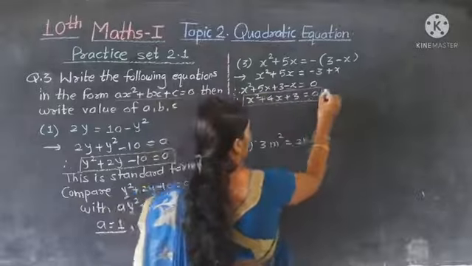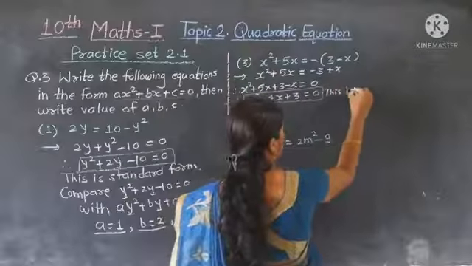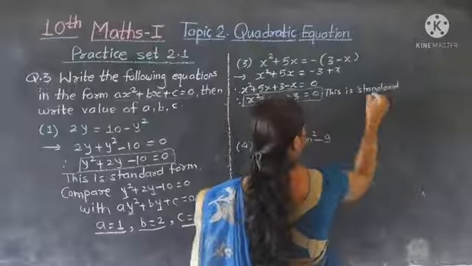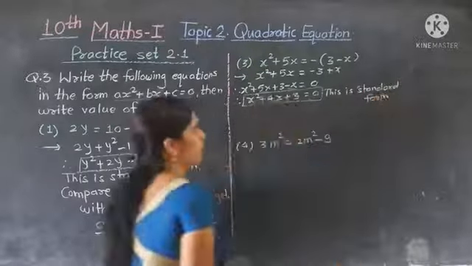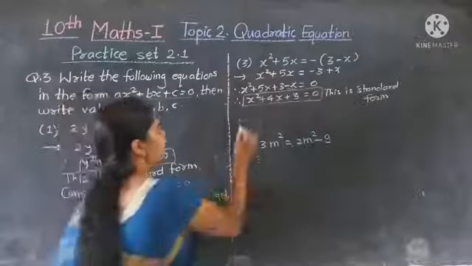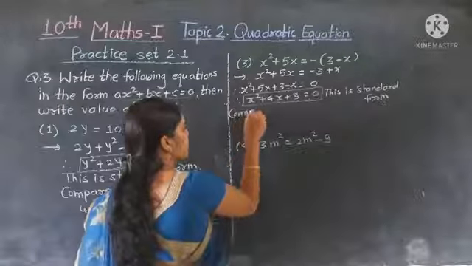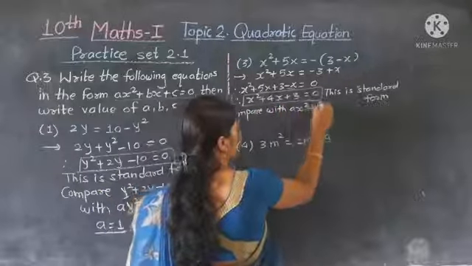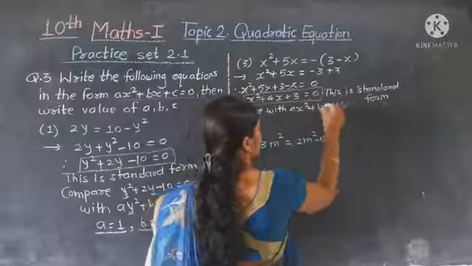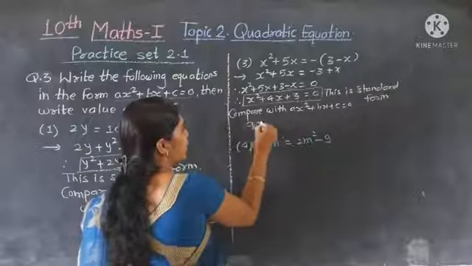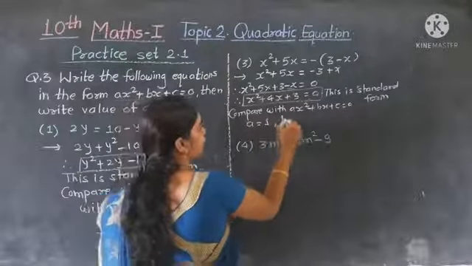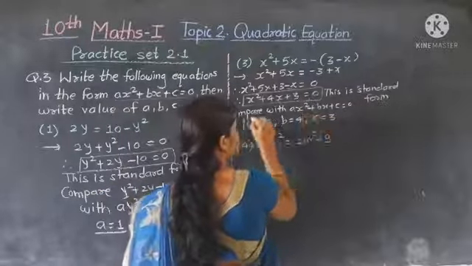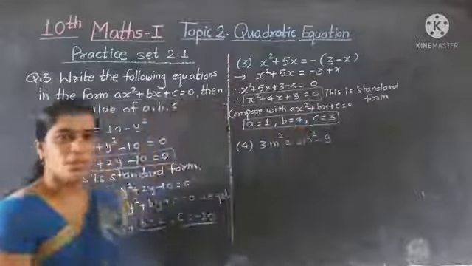This is the standard form of quadratic equation. Now we have to find a, b, c. Compare with ax square plus bx plus c is equal to 0. We get the value of a is 1, b is 4 and c is 3. Okay, very simple.